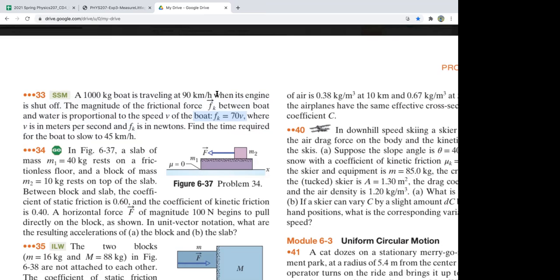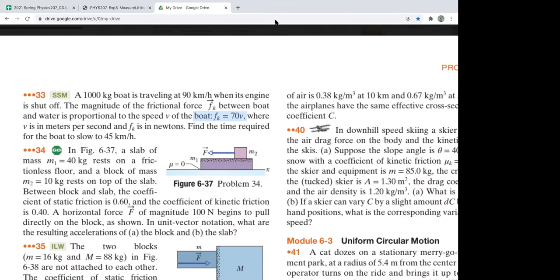Yes, 3.6, because there are 3,600 seconds in an hour and 1,000 meters in a kilometer. Okay. So then we know the friction.